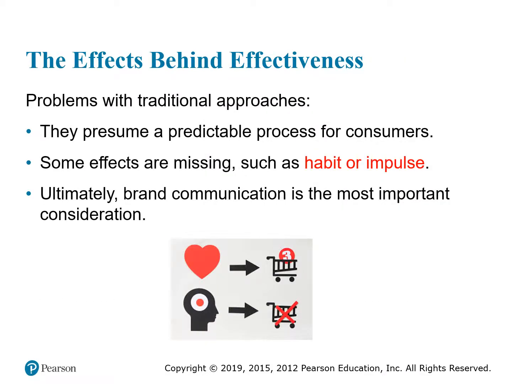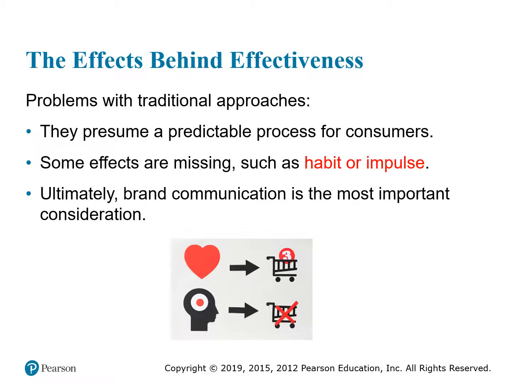So, the effects behind effectiveness. There are problems. This just doesn't always happen, as far as consumers are concerned, that they're always going to react to the product the way we want them to, and they're going to follow our formula. Because there's definitely people that just by habit or impulse buy particular products.